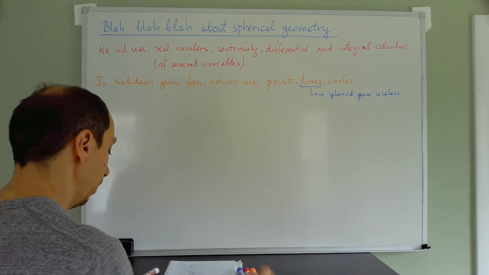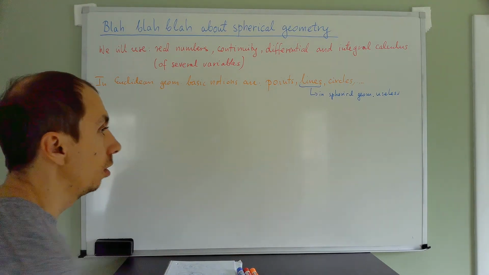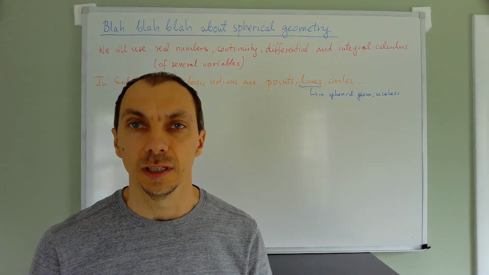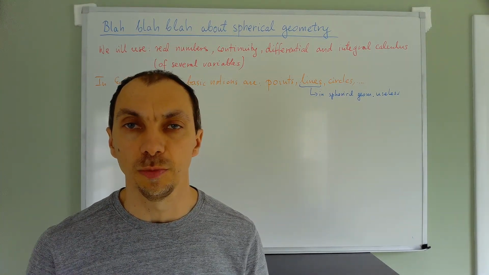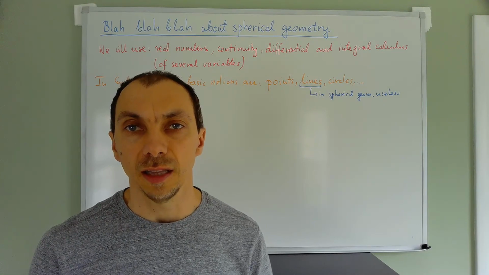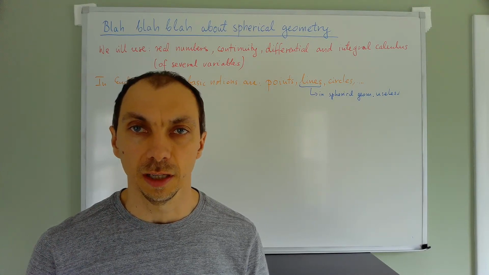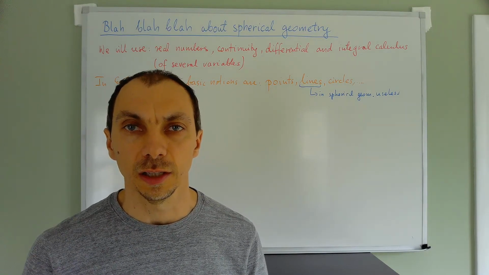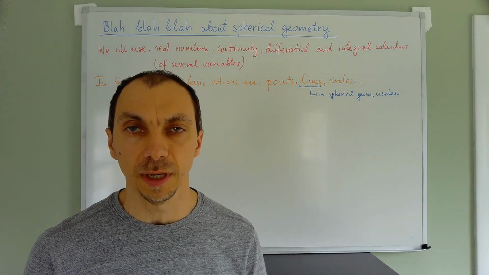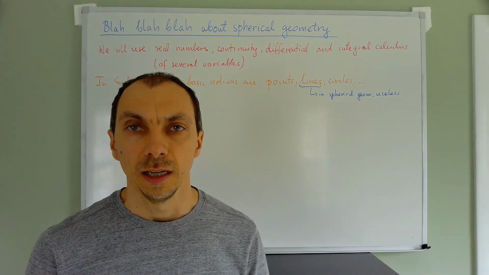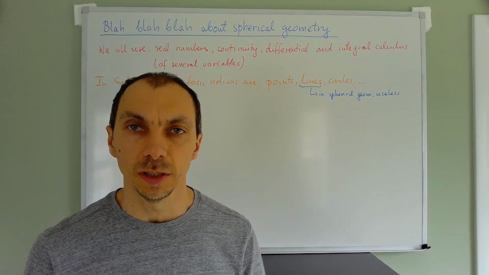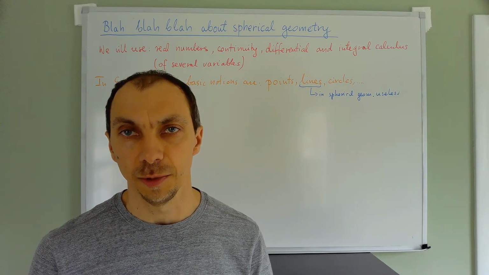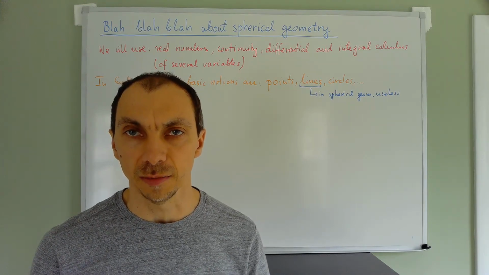If you recall, in Euclidean geometry we defined a distance between 2 points as the length of the line segment that connects these 2 points. One of Euclid's postulates told us that I can connect any 2 points on the plane by a line, and then the part of the line between these 2 points is a line segment, and we defined the distance between these 2 points as the length of this line segment.